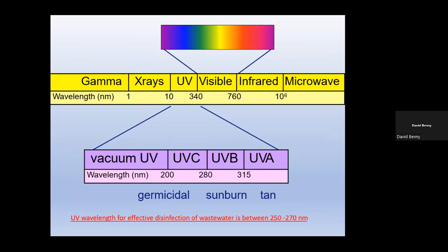Above 280, you get suntan burn, and if you get over 315, you get tan. For effective disinfection, we require between 250 and 270 nanometers. So normally in the industry, when you look at the manufacturers' spec sheets, you will see that their lamps are designed most times to operate at 264 nanometers.